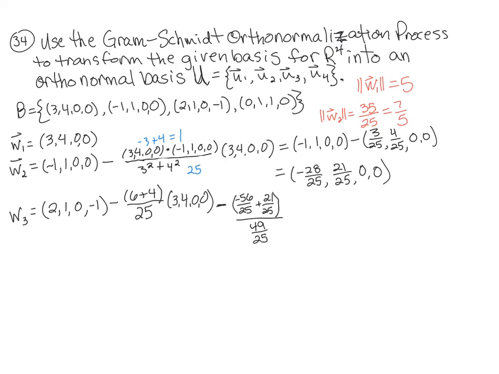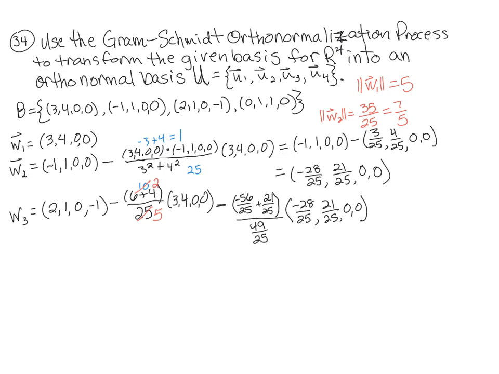Some 25s are going to cancel, times that vector. And we're going to reduce this puppy down quite a bit. All right, so go back to my blue so I can do some cheating here. This is a 10. Cancel, cancel, and I can reduce that to something a little bit more useful.